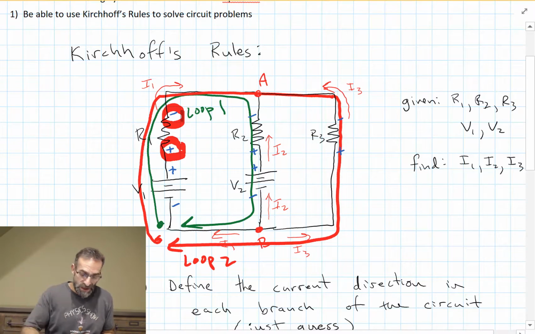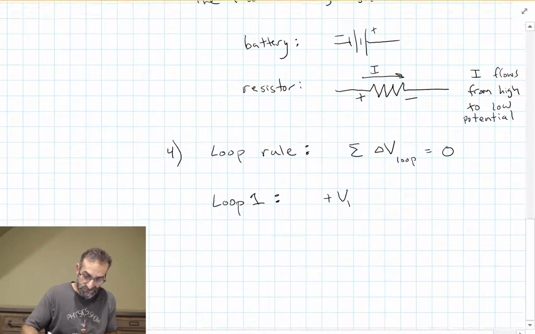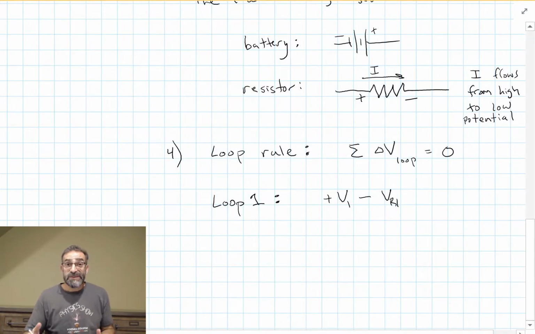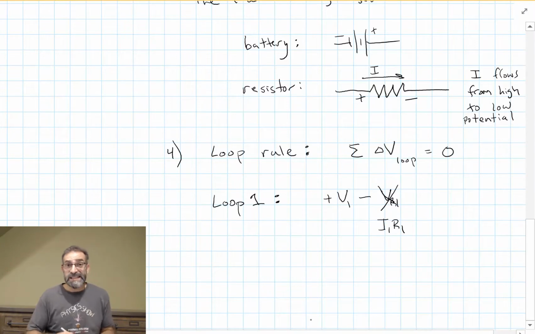So I'm dropping by the voltage across resistor R1. And what's the voltage across a resistor? I times R. So I'm not going to write it this way. I'm going to write it as I1 R1.